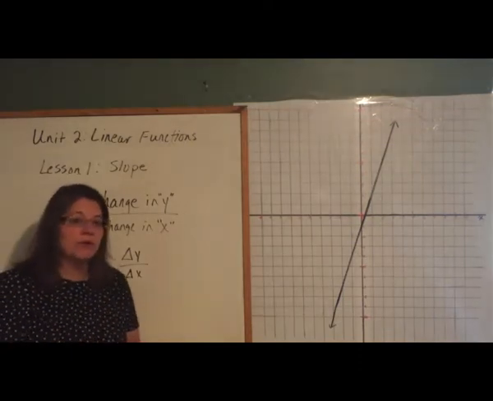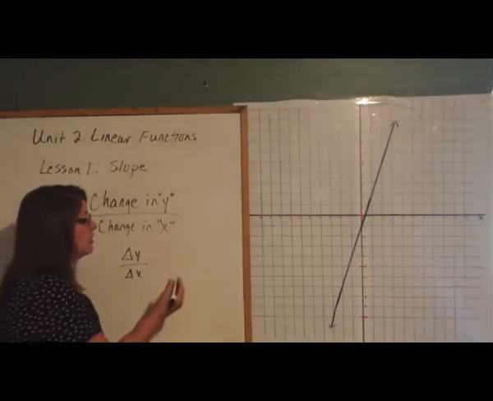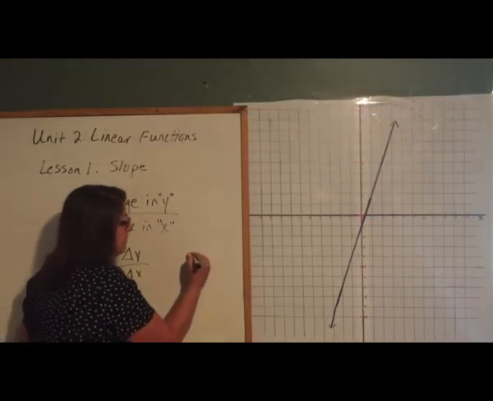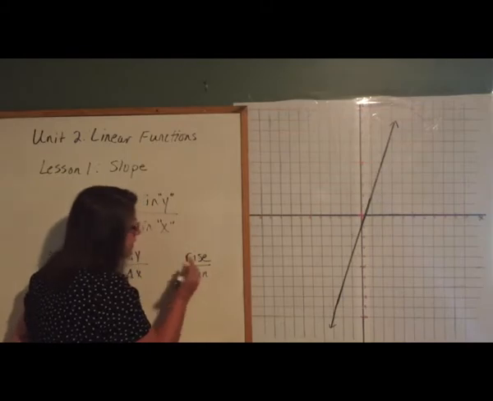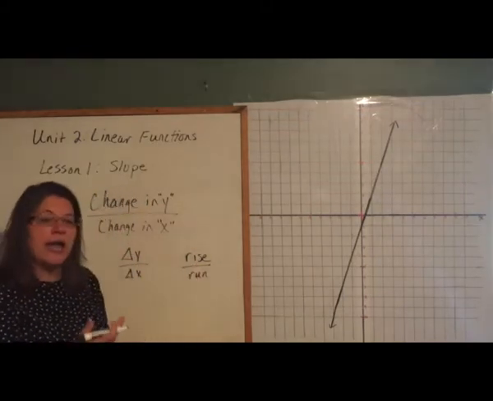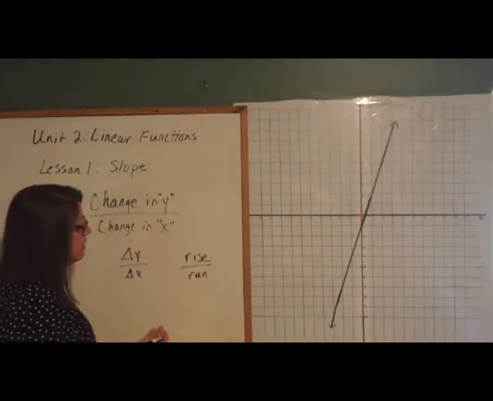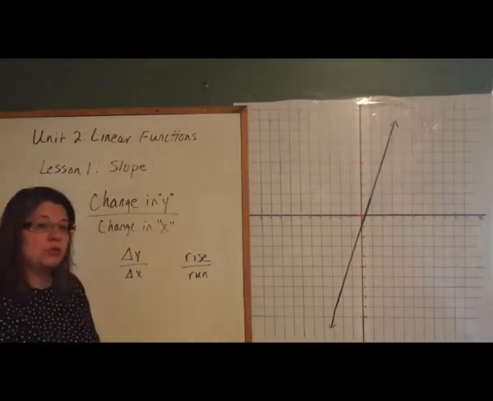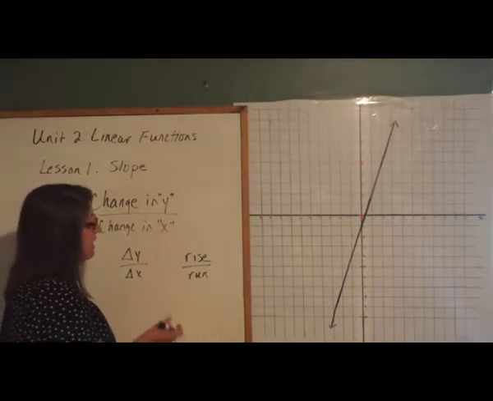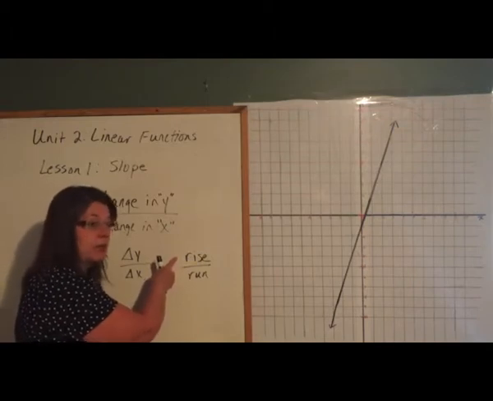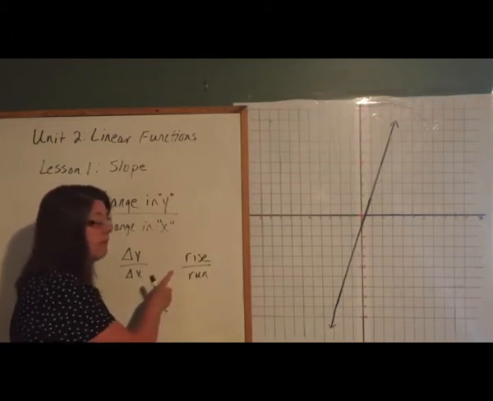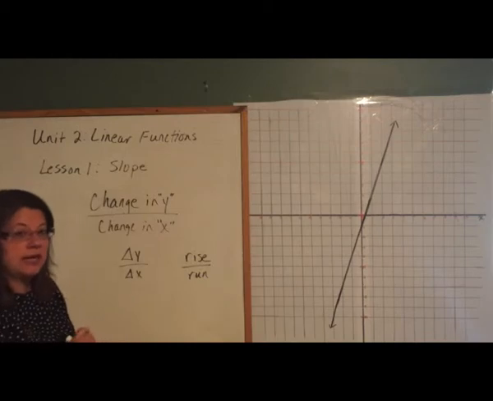Another way that we refer to that, and this is probably what you learned in Algebra 1, is rise over run. In other words, if we have a function or a line that is graphed, to figure out the slope, we're going to pick 2 points on that graph, and we're going to count the rise, how far it goes up to get to the next point, over the run, how far it goes across to get to the next point.